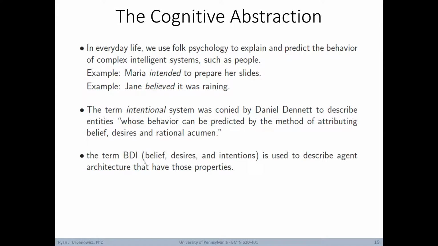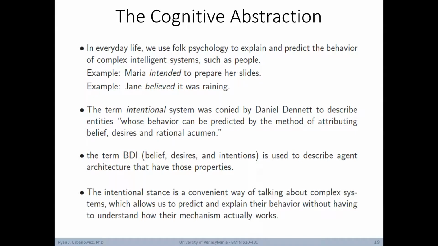The acronym BDI, which stands for Belief, Desire, and Intention, is used to describe agent architectures that have those properties. The intentional stance is a convenient way of talking about complex systems, which allows us to predict and explain their behavior without having to understand how their individual mechanisms actually work.